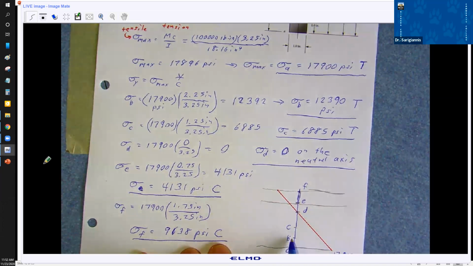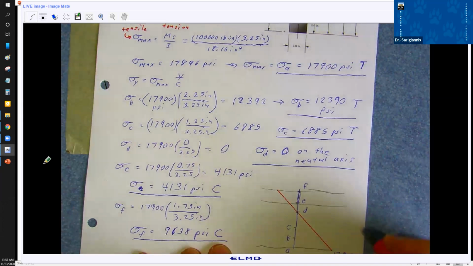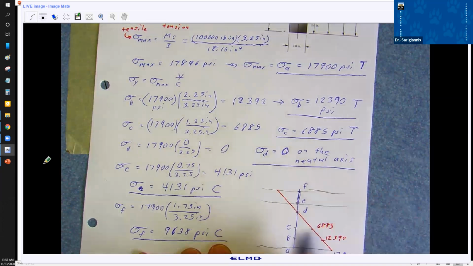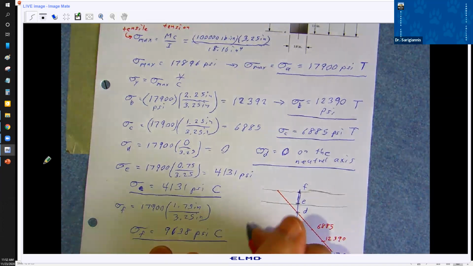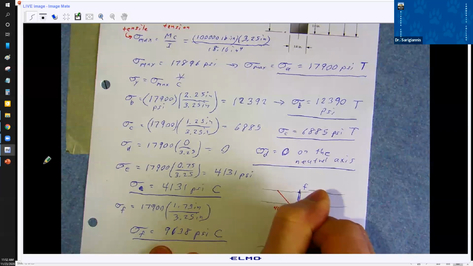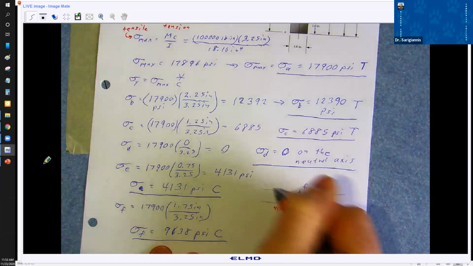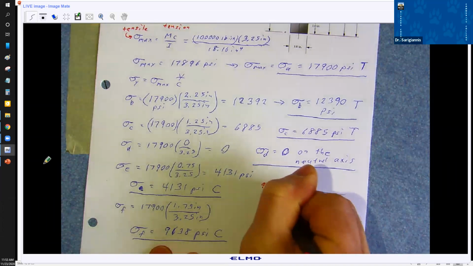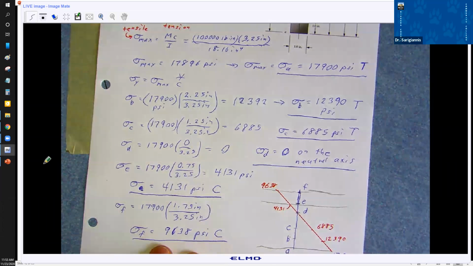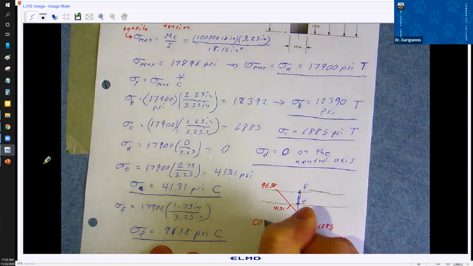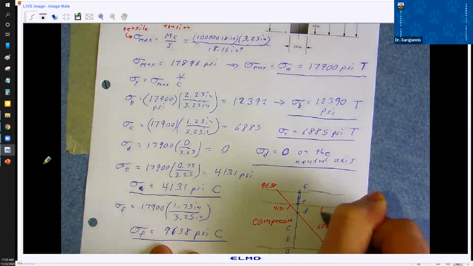And then at each of these points, we've got a different value. B is 12,390. Point C was 6885. Point D was 0. Point E was 4131. And point F was 9638. And you can look at this as compression and tension.